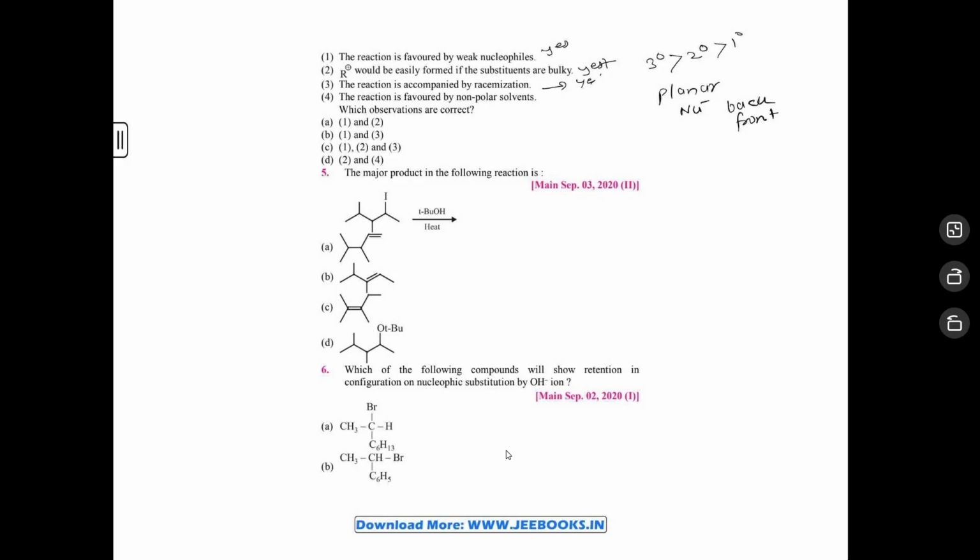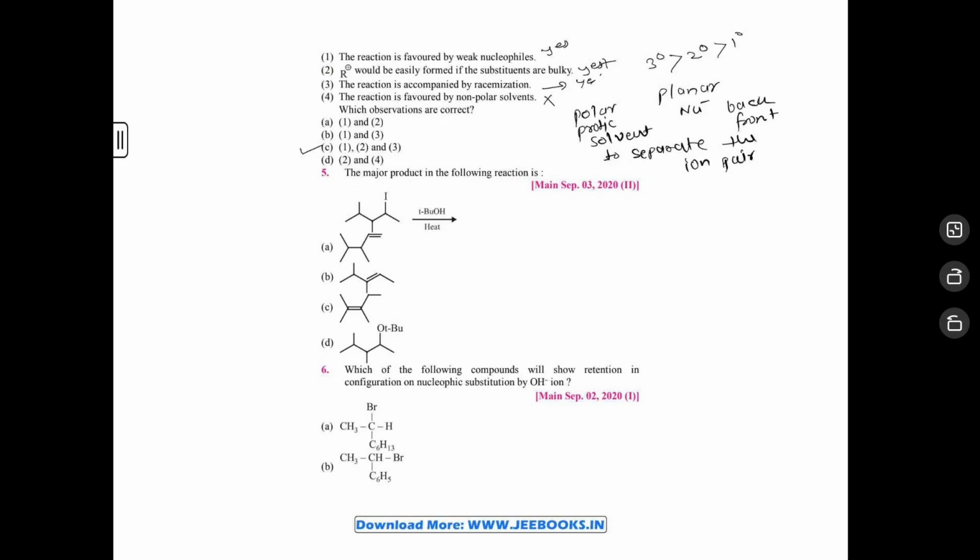The reaction is favored by non-polar solvent, so this is not true, because you need a polar protic solvent to separate the ion pair. So, which observations are correct? The first, second and third observations are correct, so therefore option C is the correct answer.